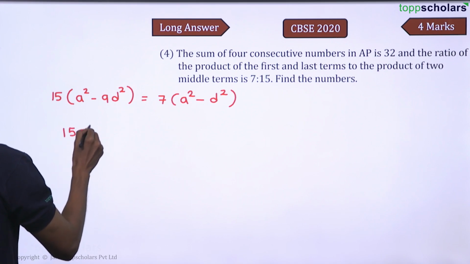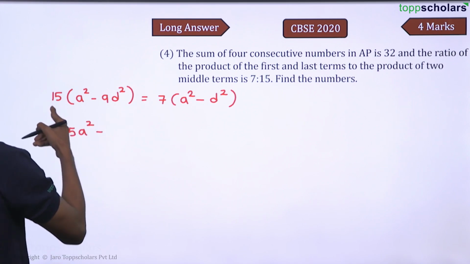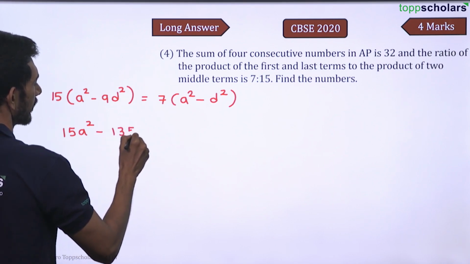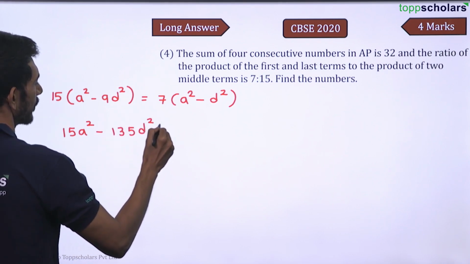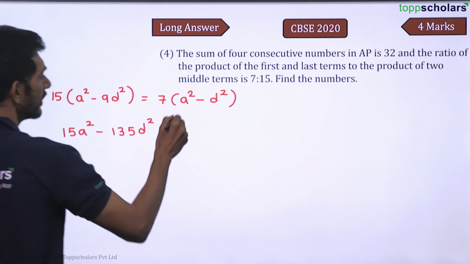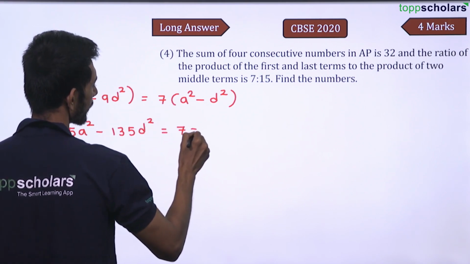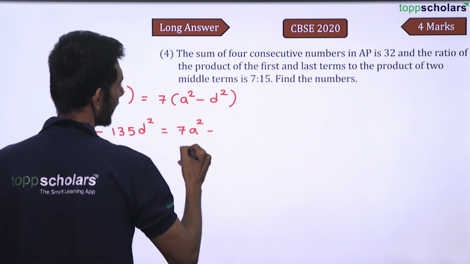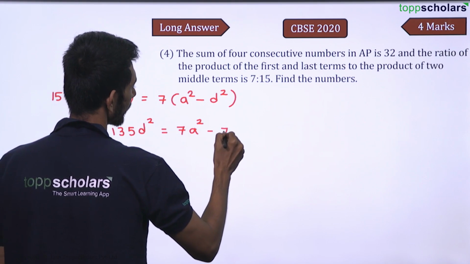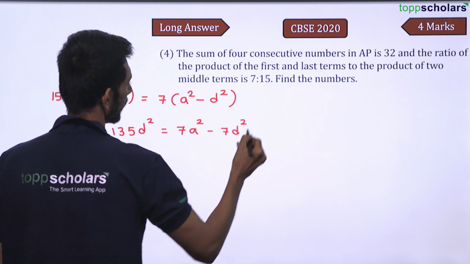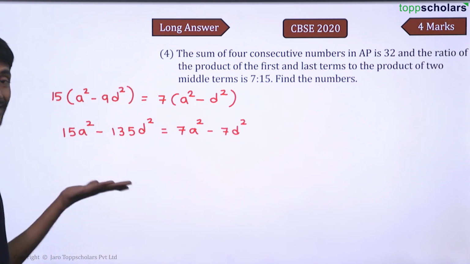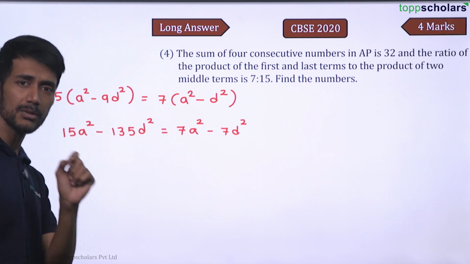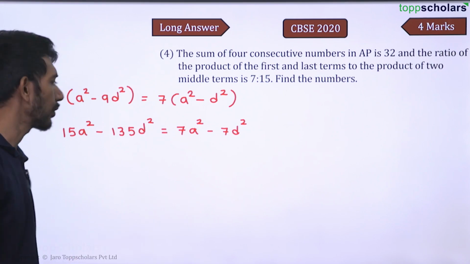So this becomes 15a square minus 15 into 9 is 135d square is equal to 7 into a square is 7a square minus 7 into d square is, see, we have to go very slow because even if we make one small mistake in this, our entire answer is going to go wrong, right?